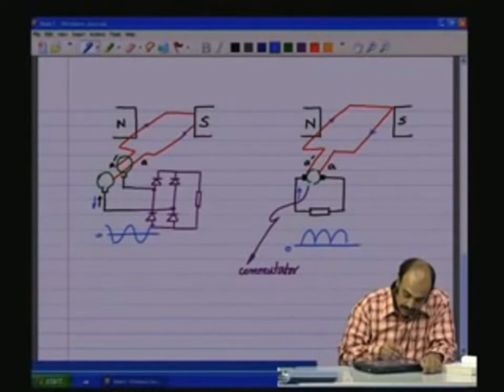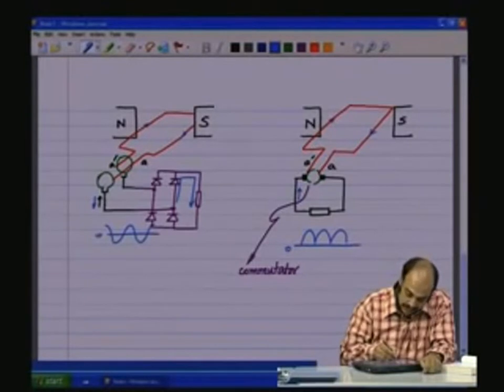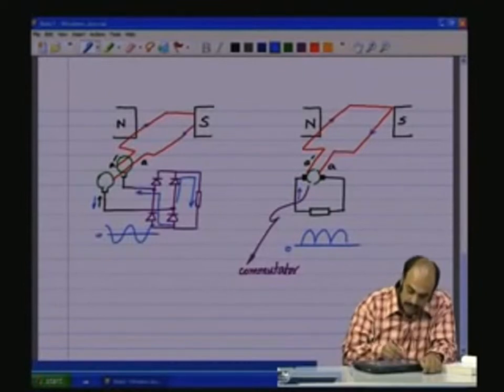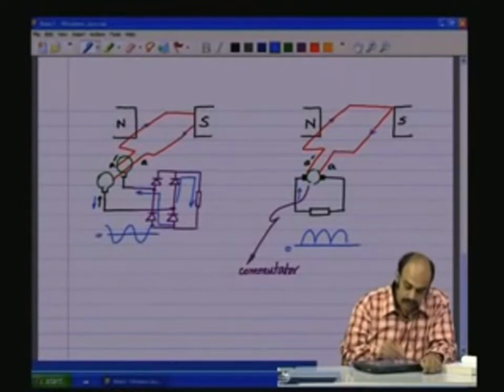So when the current is flowing in this direction, it will take this path, go through this load in this direction, and continue to take this path out into the A direction.